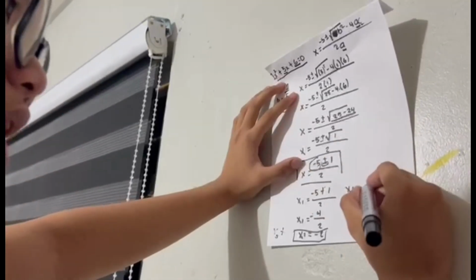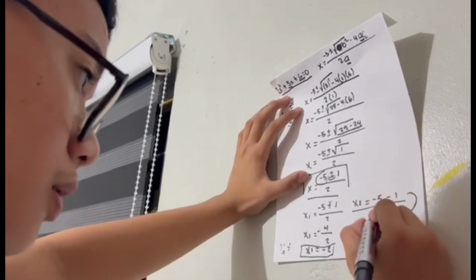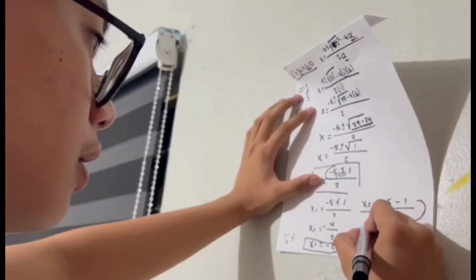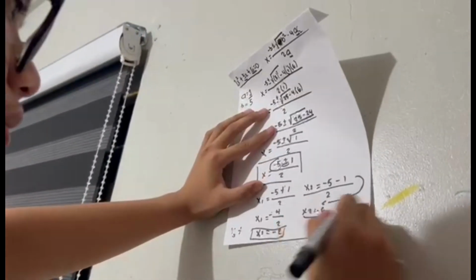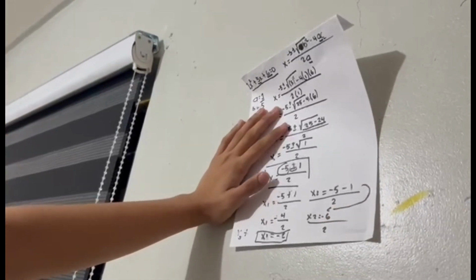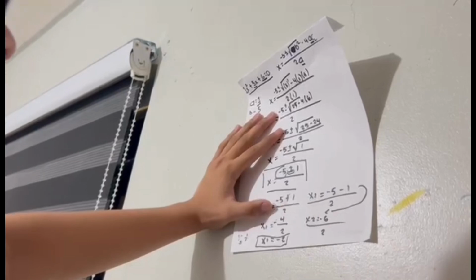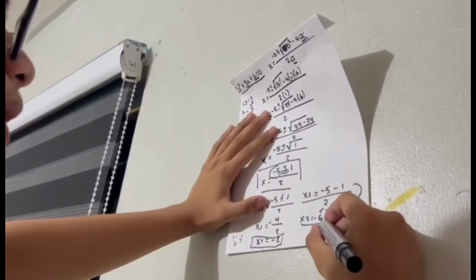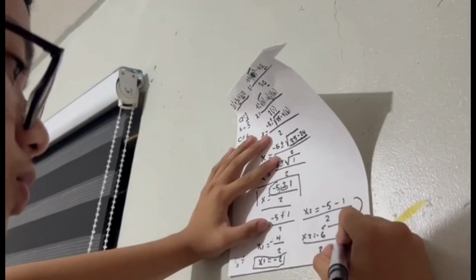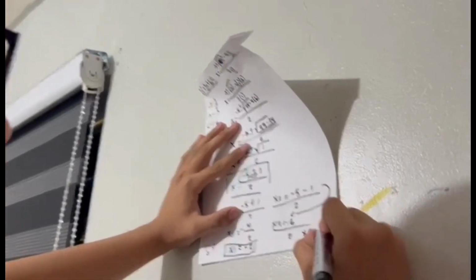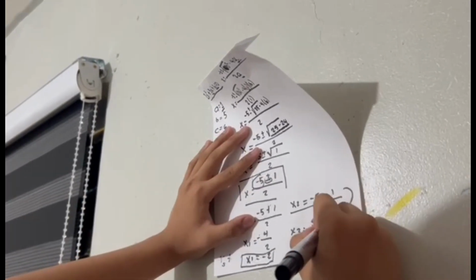Then negative 5 minus 1 is negative 6 over 2. Now 6 and 2 are divisible. 6 divided by 2 is negative 3. So x sub 2 is negative 3. Now, that is our final answer.